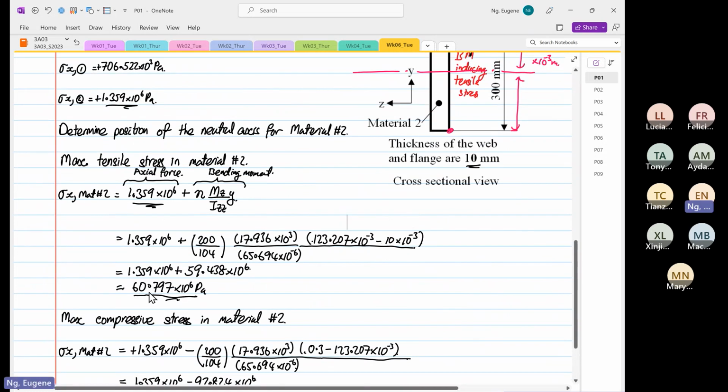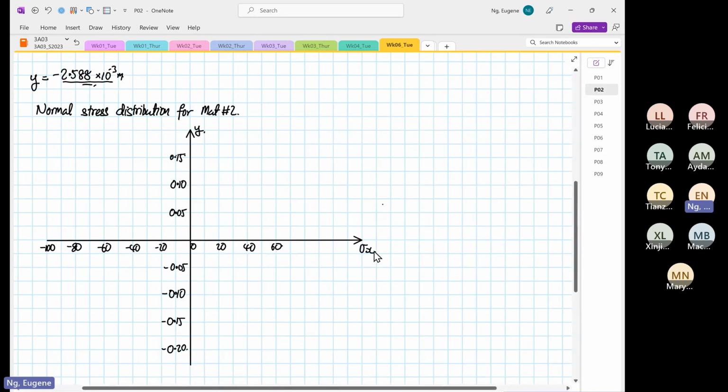Okay, so if we were to look at our values, right? We have 60.797 times 10 to the power 6, and this will be at 0.113207. So I'm just going to sketch it. So we have 60.797, and our y is 0.113, somewhere around here.